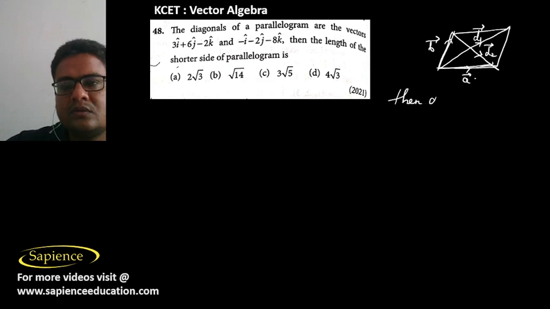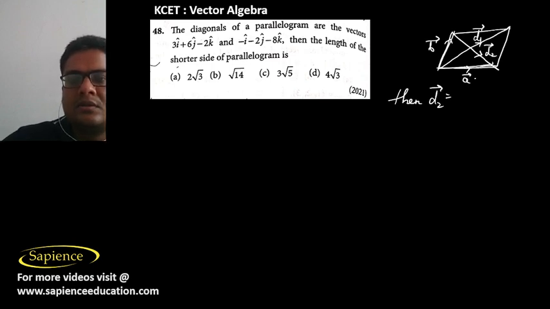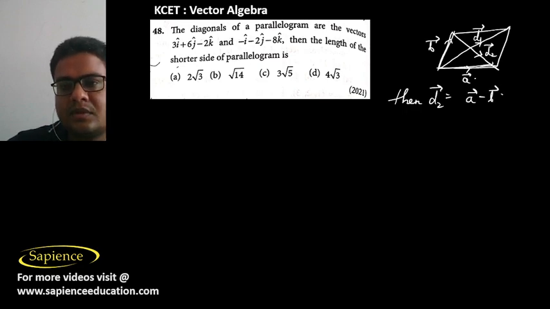Then the d2 vector, which is the shorter diagonal, is nothing but a vector minus b vector, and the d1 vector, which is the longer diagonal, is a vector plus b vector.